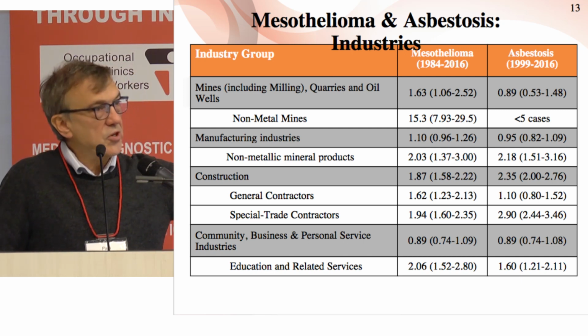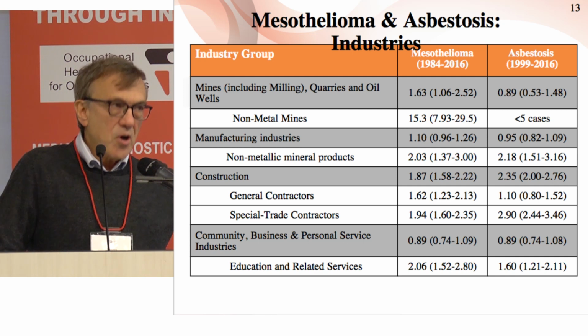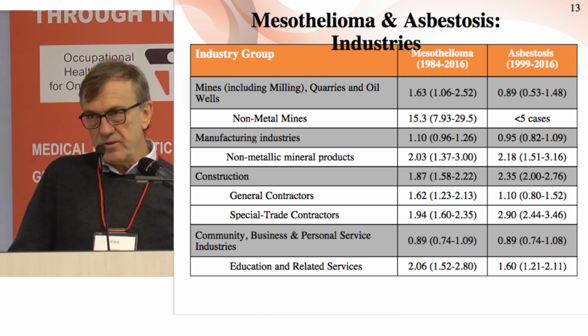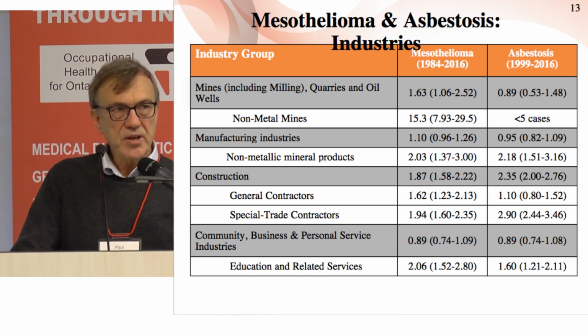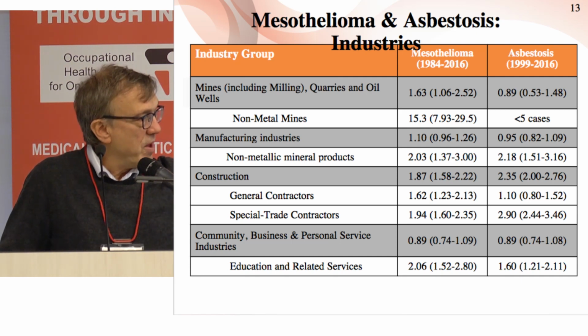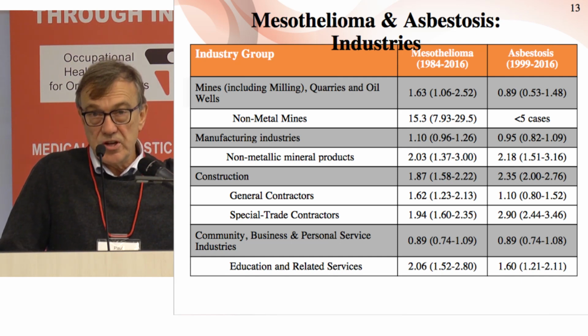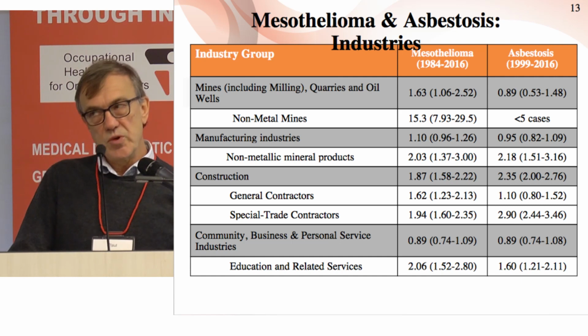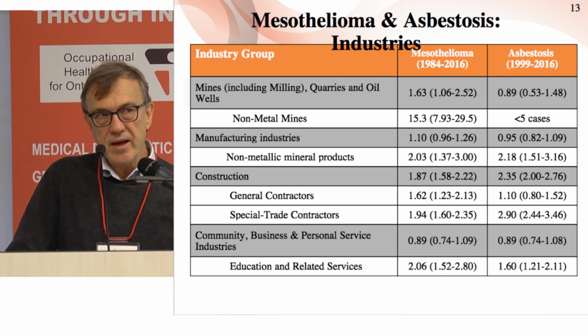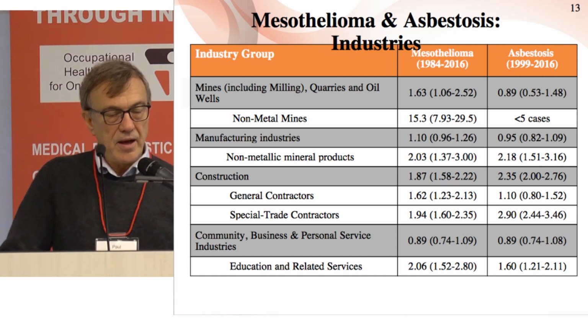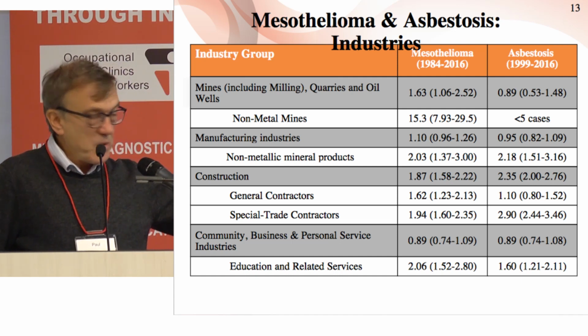And one of the groups here that we've talked about, I think, or health and safety professionals have, but I still think is under-recognized, is educational and related services, where there's evidence of an increased risk of both mesothelioma and asbestosis.